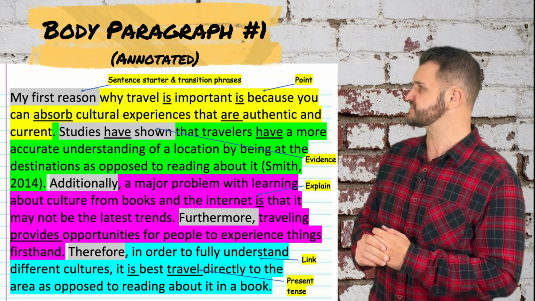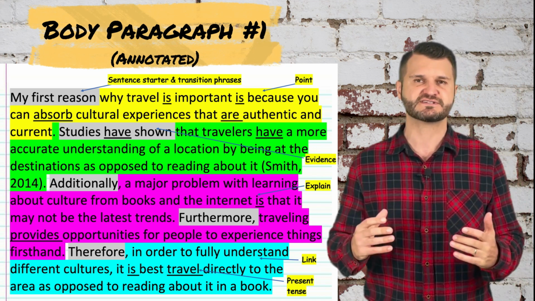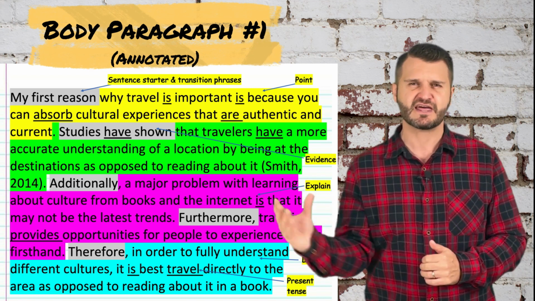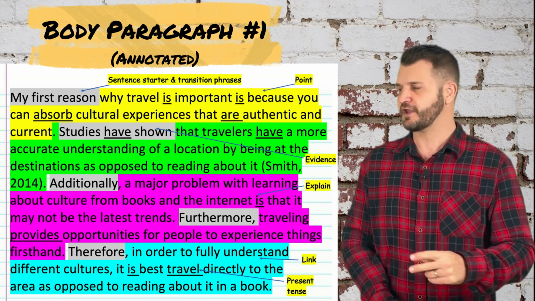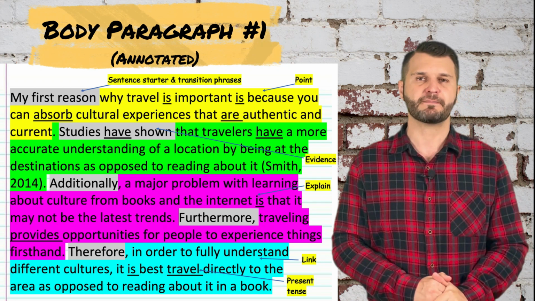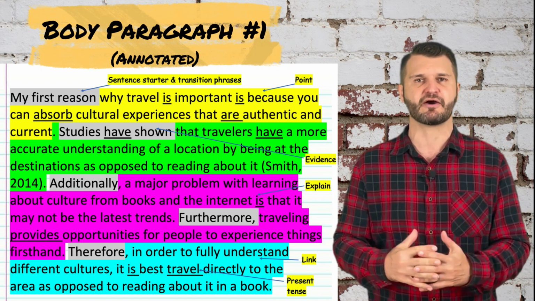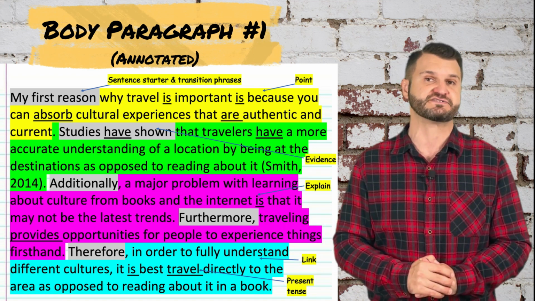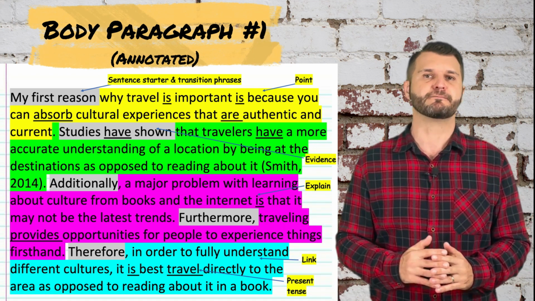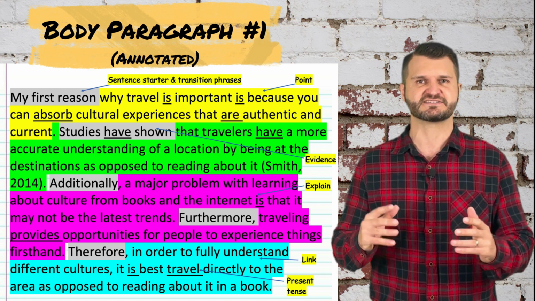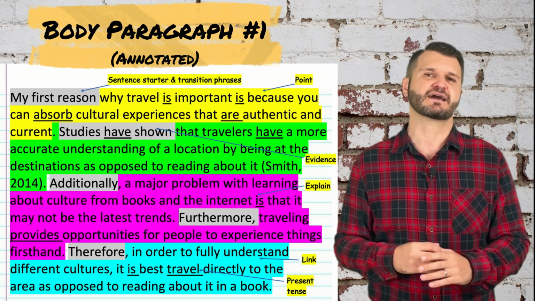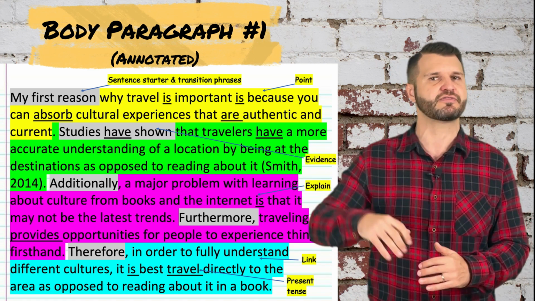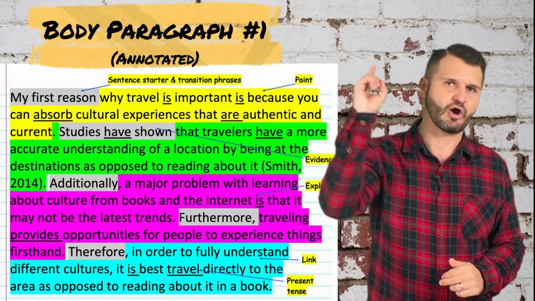We even use Smith 2014 as a reference using that APA style. Then in purple, there's a couple of paragraphs that explain our evidence and give more information to back up our point. And then finally, in blue, we have a linking sentence that links back to the claim that we disagree with about travel.